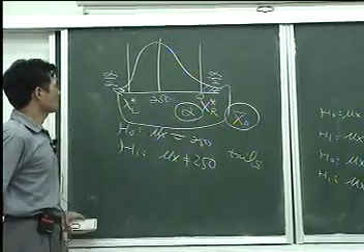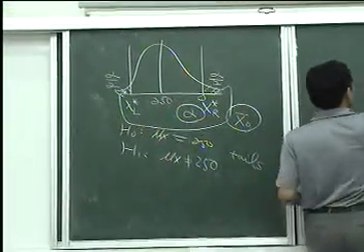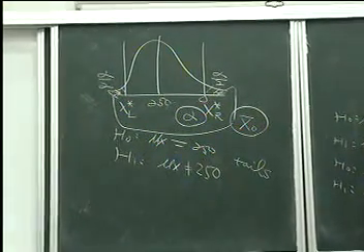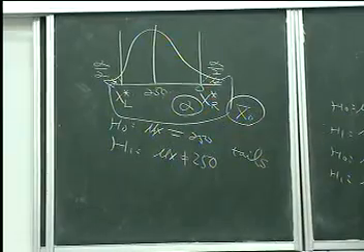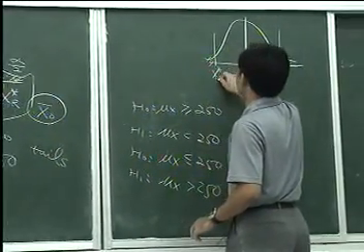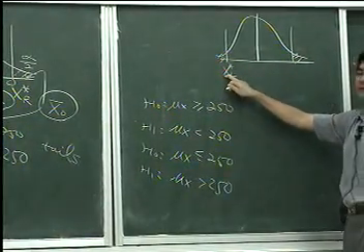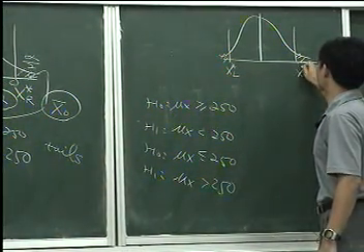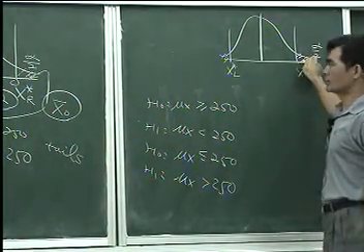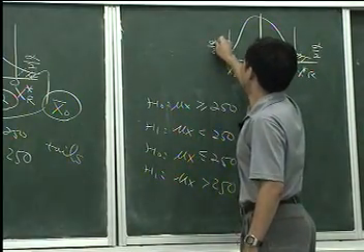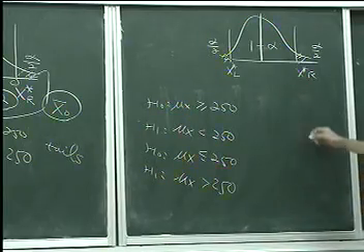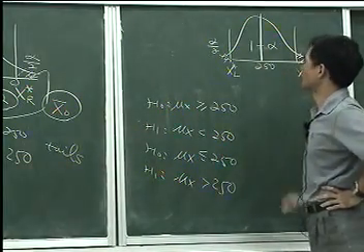So let us say we have two pictures here. The same thing: this is the left-hand side critical value, and this is the right-hand side critical value. We know this is alpha over 2, and this is alpha over 2, and this is 1 minus alpha. And this number is 250, okay?